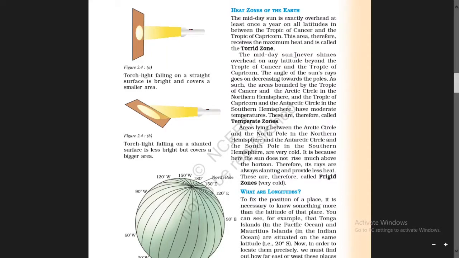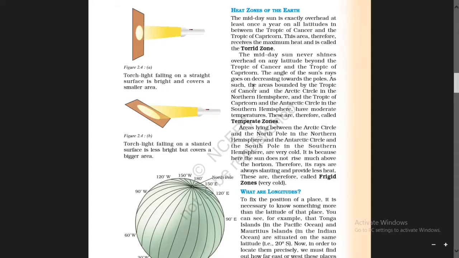The midday sun never shines overhead on any latitude beyond the Tropic of Cancer and the Tropic of Capricorn. The angle of the sun's rays goes on decreasing towards the poles. See, the angle of the rays of the sun goes on decreasing as we proceed towards the North Pole or the South Pole.